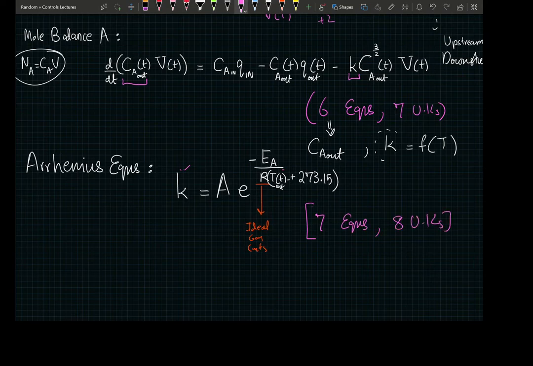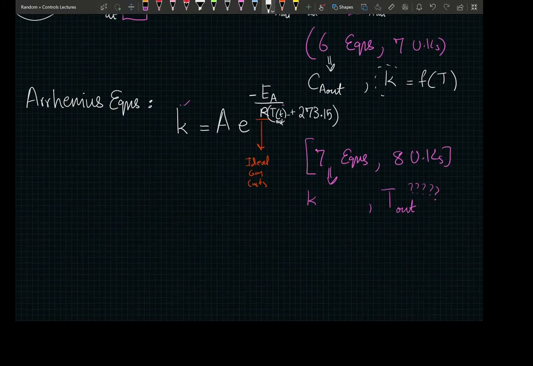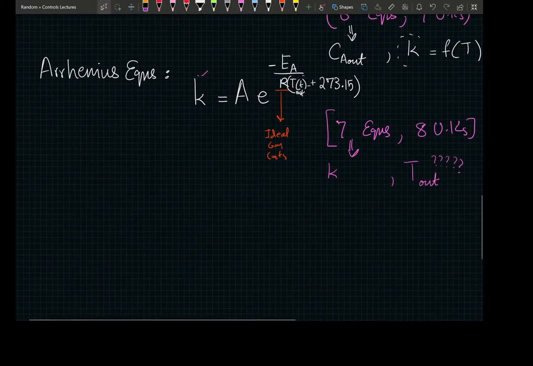The seventh equation will be responsible for giving me the rate constant. I need a new equation for T out, the outlet temperature. How does the energy evolve from my reaction? I'm wondering what equation I can use to model that. And some of you are way smarter than I am, therefore you already know that it's going to be the energy balance.